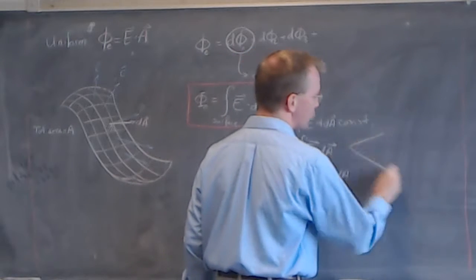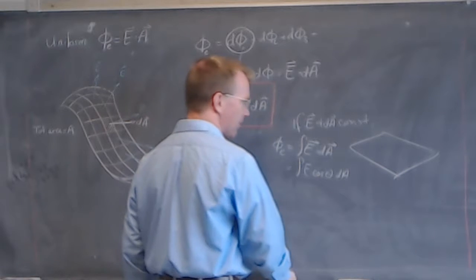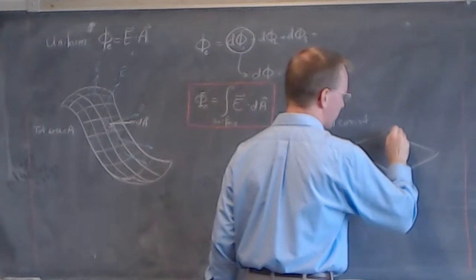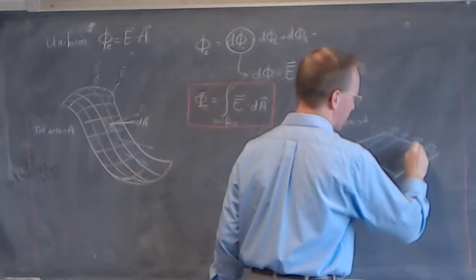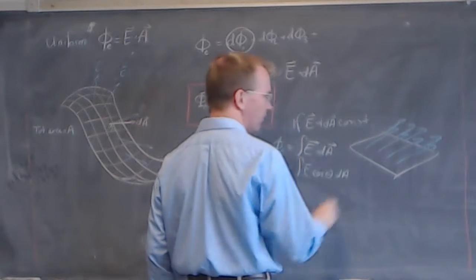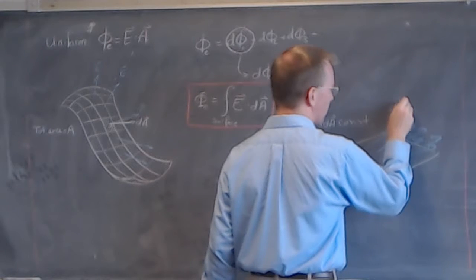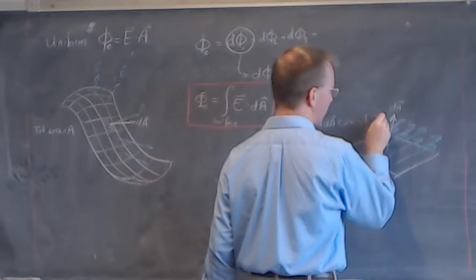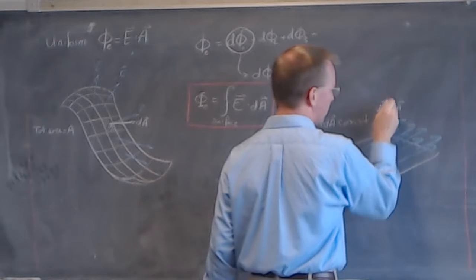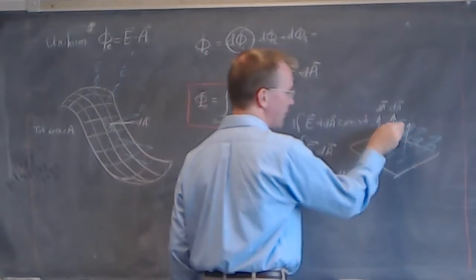So I've got a situation with a plane surface, and I've got an electric field sticking out at some angle there, and dA is the same in every spot, something like that. So there's a constant angle between the two components.